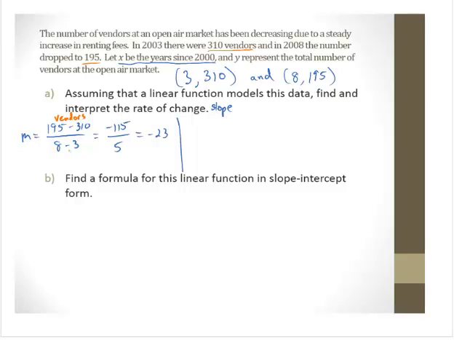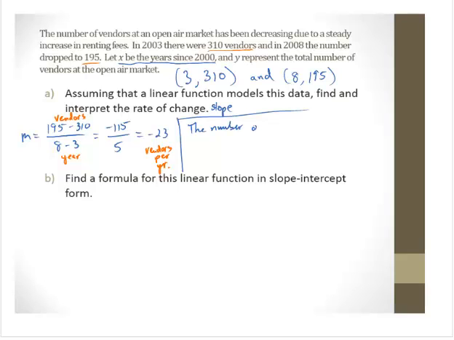That was the number of vendors. And what was the 8 and the 3? Well, that was years. So what are the units on that negative 23? The units would be vendors per year.